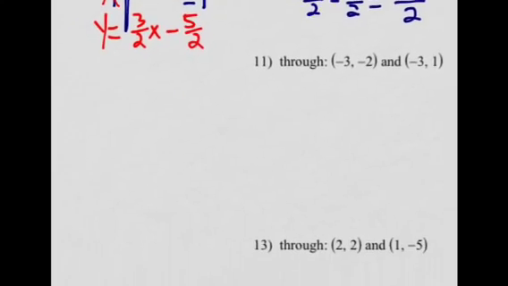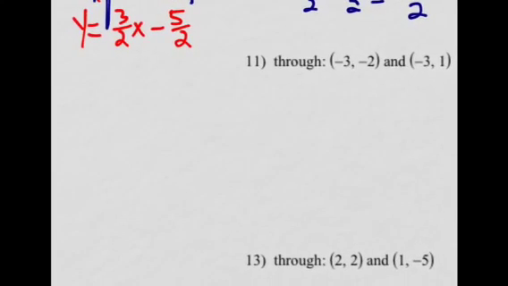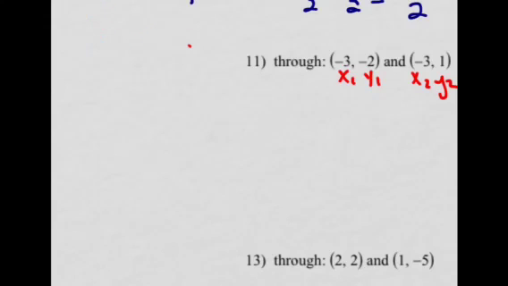Let's do another example. Let's jump down here to number 11. Again, the same situation. We have 2 points: x1, y1, x2, y2. I'm going to erase all this so we have some room.